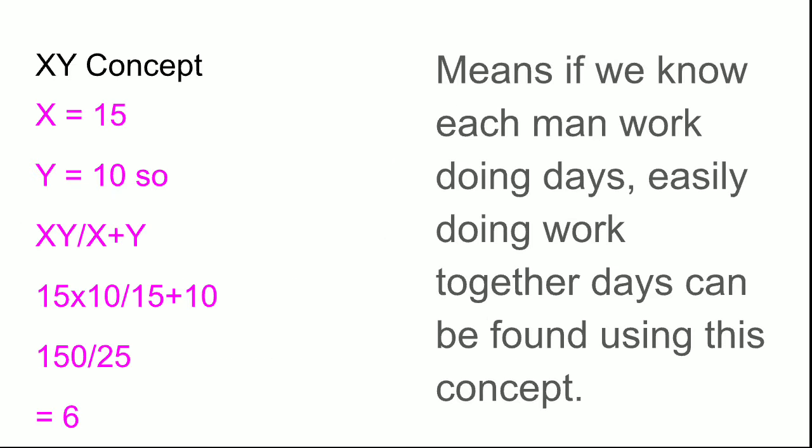XY concept. Here X means total time taken by X men and Y means total time taken by Y men. If they are working together, then the number of days taken by them can be calculated by XY divided by X plus Y. Here 15 into 10 divided by 15 plus 10 equals 150 divided by 25, which means 6 days.